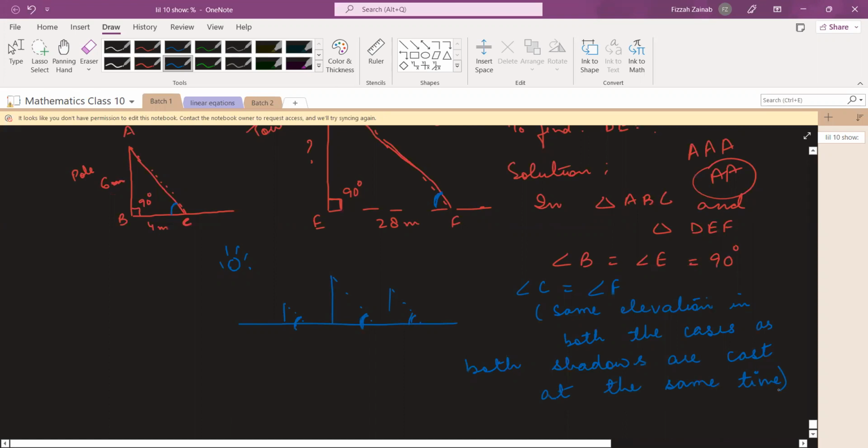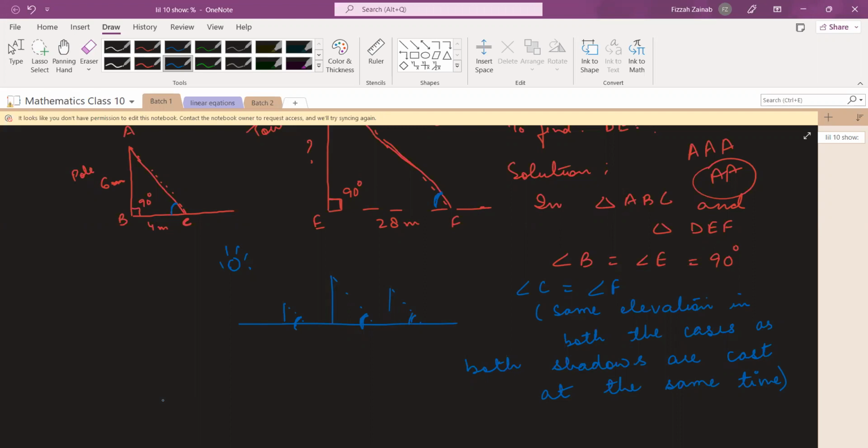Does this apply for A and D? No, not A, because elevation you will measure from the ground. You need a base to measure your angle. So from the ground, you will see the elevation of the sun.